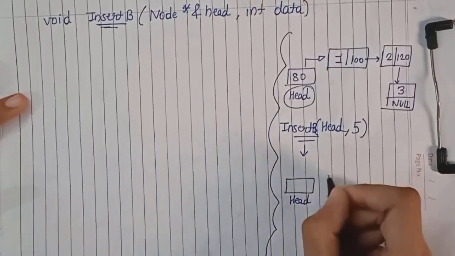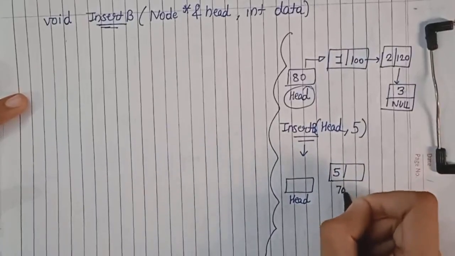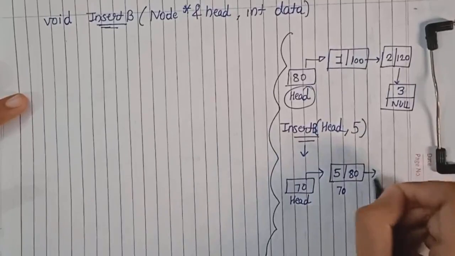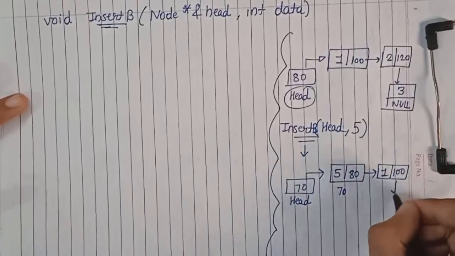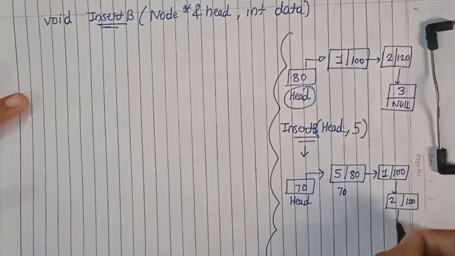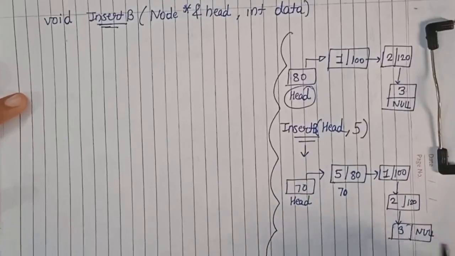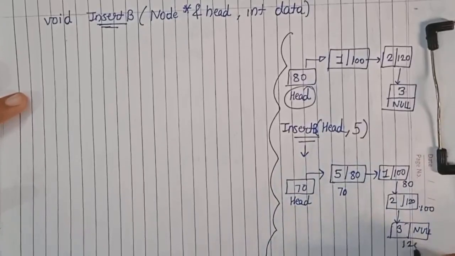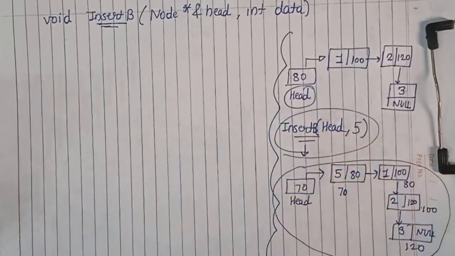So this would be head, here I will be having 5, let's say the address of this node will be 70, so this will be my linked list after this call.